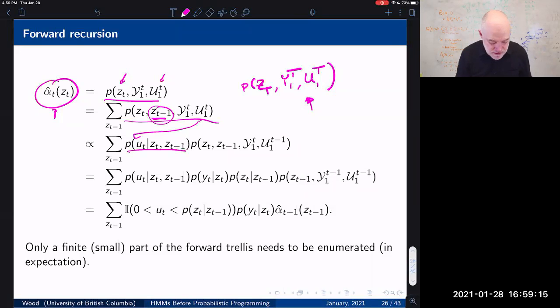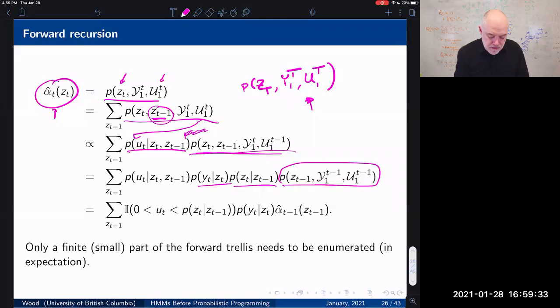We've just given you the density for that. And this is just the remainder after you throw away stuff that is blocked by d-separation. Then we can further break this down into a likelihood term, a probability of transitioning, and this other thing here.